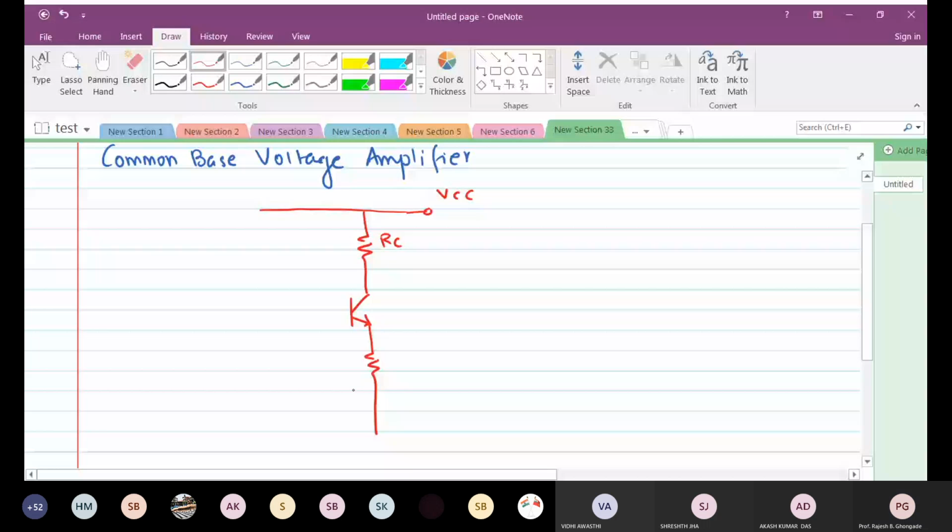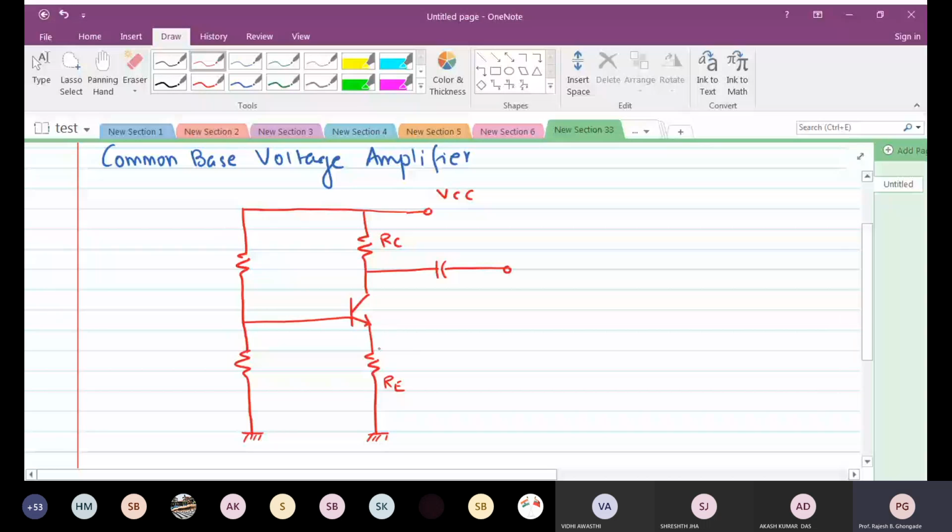Then we have the biasing resistors. Don't forget that we have to use the coupling capacitor.